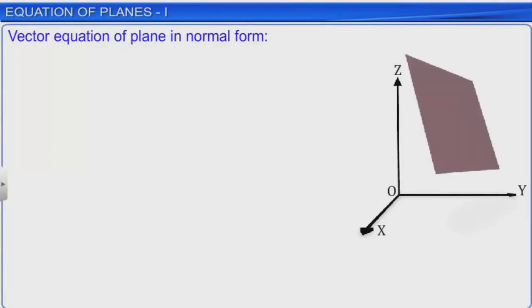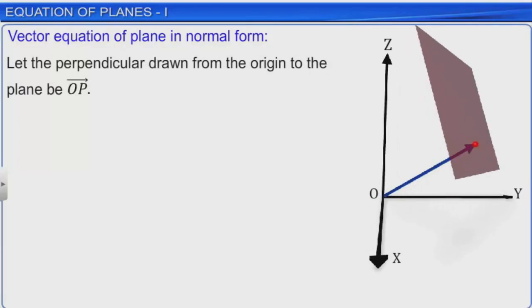Consider a plane in a 3-dimensional coordinate system as shown. Draw a perpendicular from the origin to the plane. Let this perpendicular meet the plane at point P and be represented by vector OP. Let the perpendicular distance of the plane from the origin, or the magnitude of vector OP, be d.